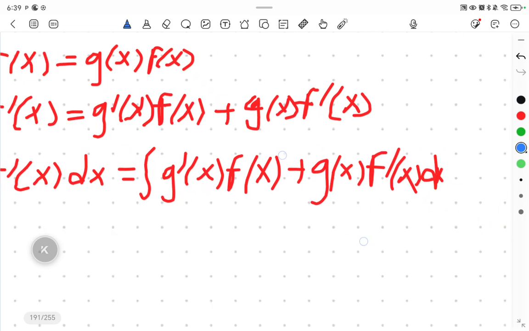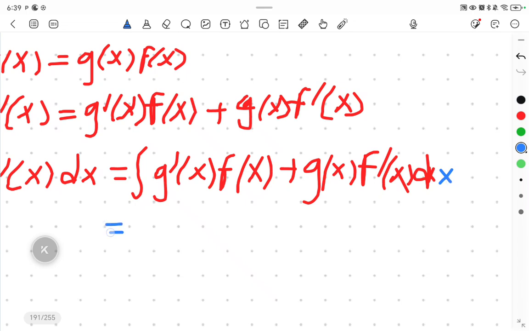And this will be, I distribute the integral on both sides.